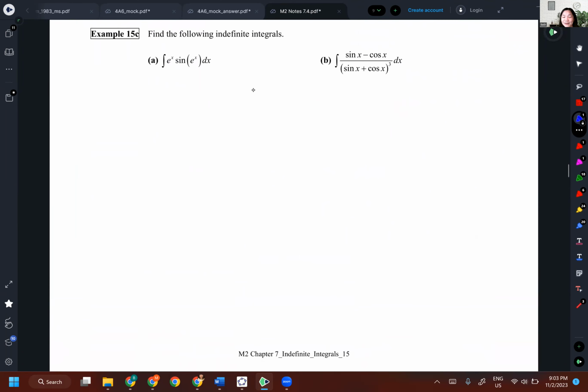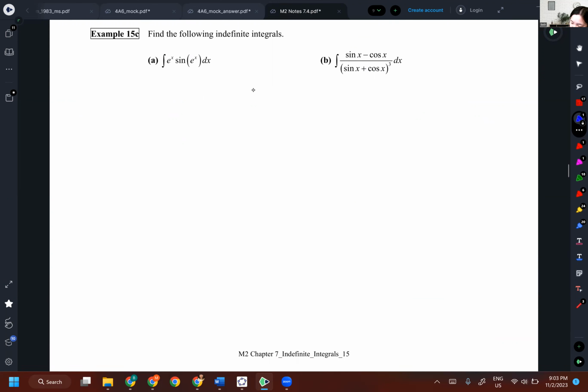Another set of examples. Oh, I think I prepared 3 sets of examples. Excessive examples today. This one is of the same topic. It's the same technique, but in different questions.